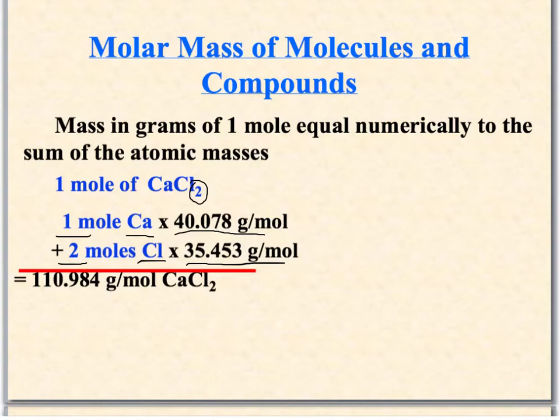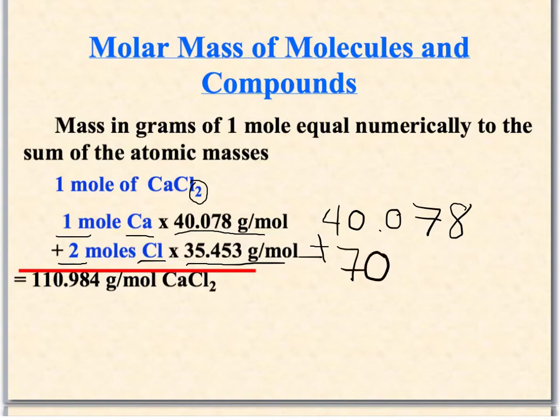So if you add up, this one we got 40.078, and then we're going to add that with our mass of chlorine times 2, which will be 70.906.